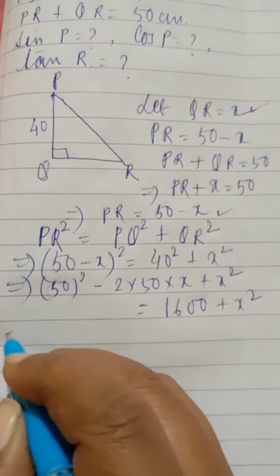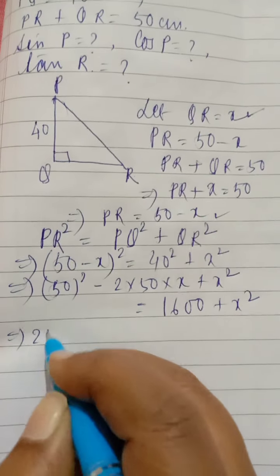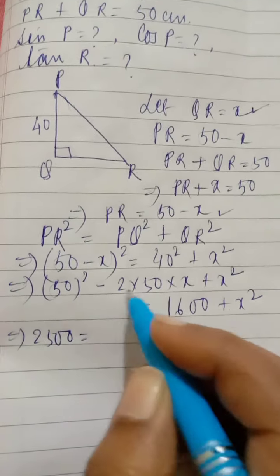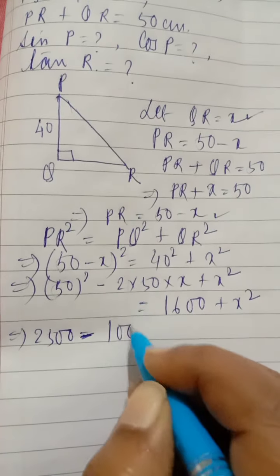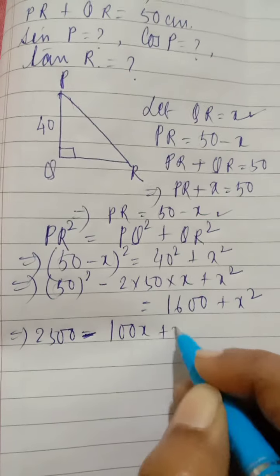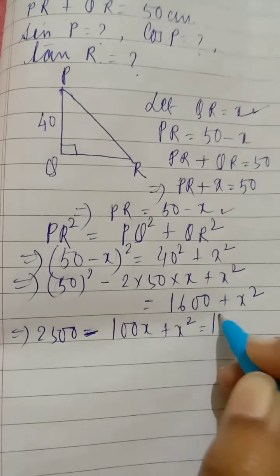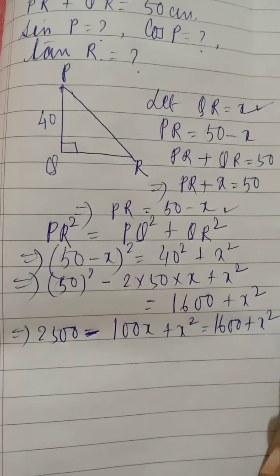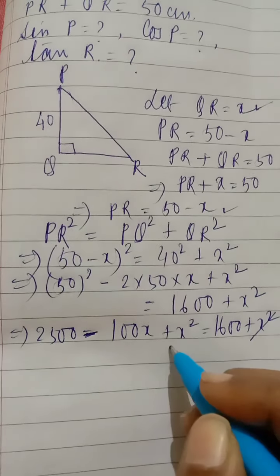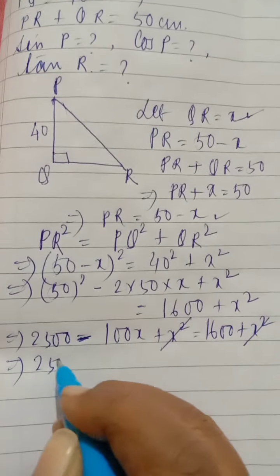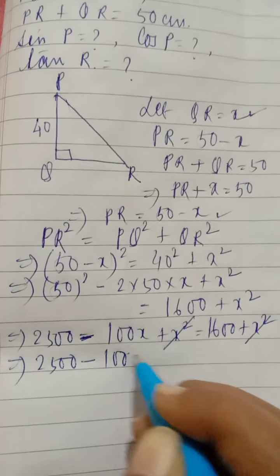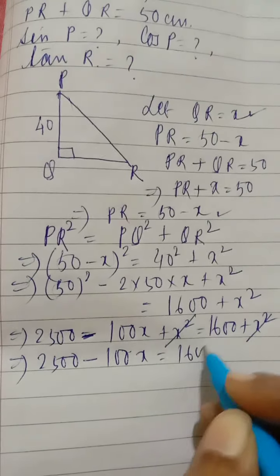So 50 square means 2500 minus 100x plus x square is equal to 1600 plus x square. Now this x square can be cancelled from both sides. So this implies 2500 minus 100x is equal to 1600.